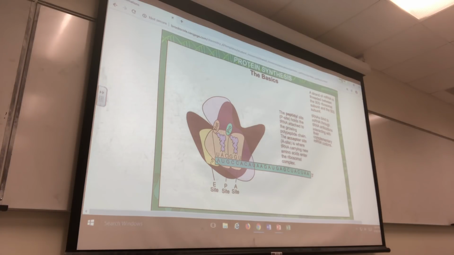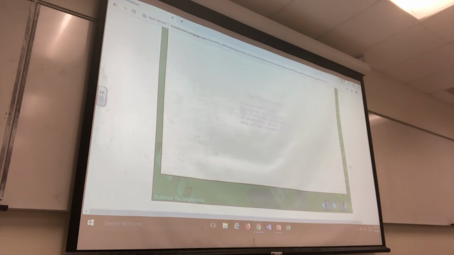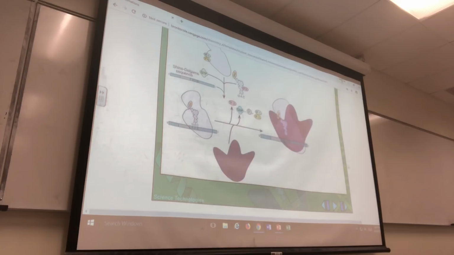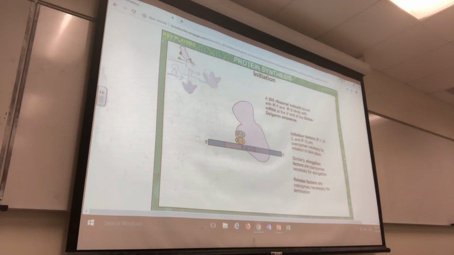That happens specifically in the middle of the ribosome at the P site. And the E site, which I believe is the exit site, is where it dumps off the tRNA once it has let go of its amino acid. So all that's preview, so now we get into the main stuff. Okay, so, initiation.